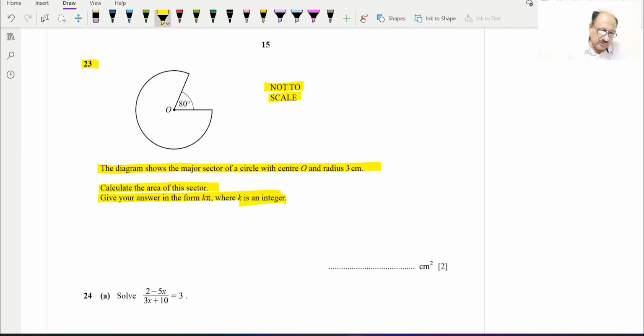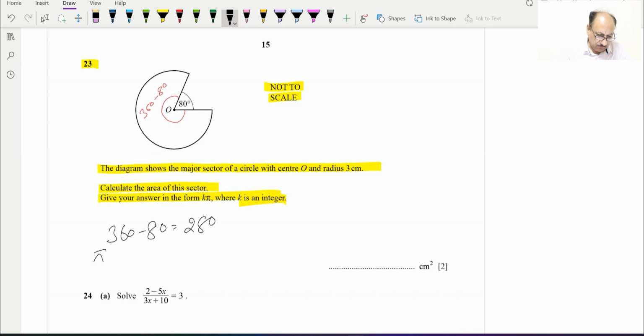So 80 degrees, we need to find the other angle, which is the reflex angle. So 360 minus 80 will be equal to 280.